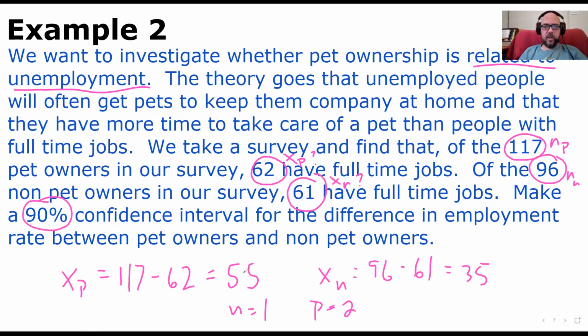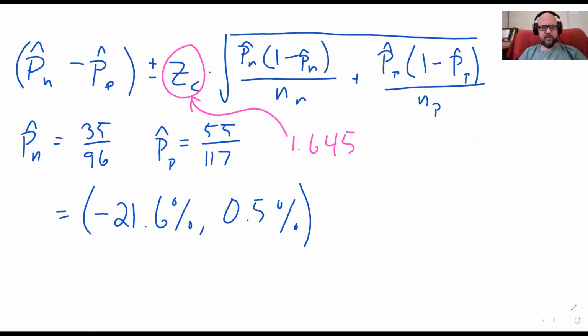When we calculated P and N, what am I trying to say here? No, other way around. Losing my train of thought here. So pet owners have a higher proportion of unemployment. No, what did I do wrong? Oh my God, my brain is all over the place here.